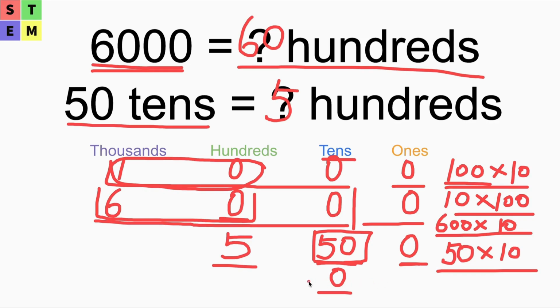And we just need to rewrite the 5 from the tens place here in the hundreds place, and keep the 0 here because it's the tens place, okay?